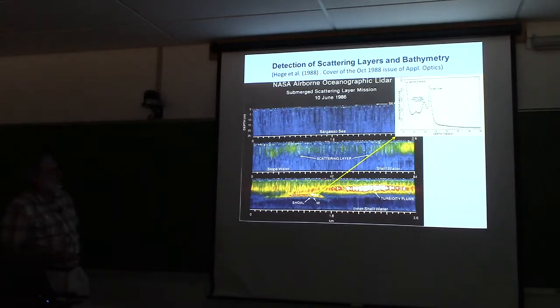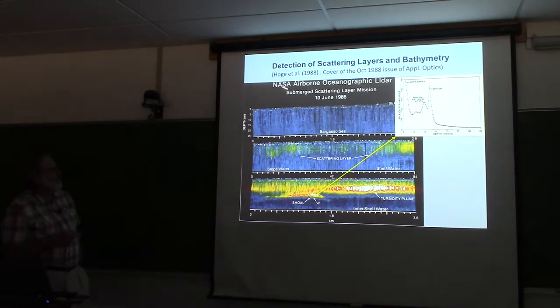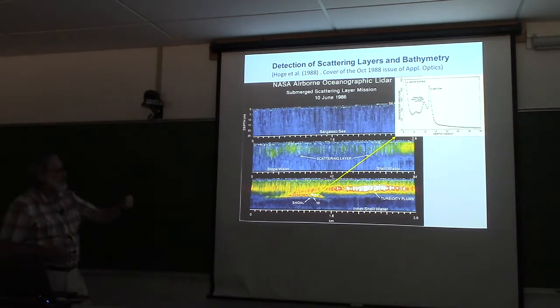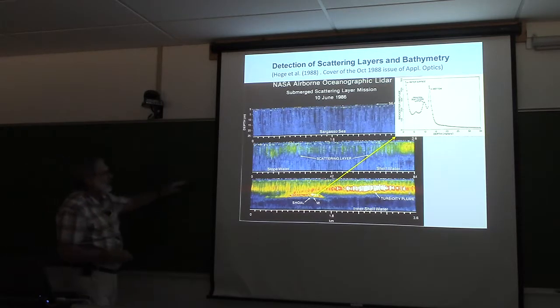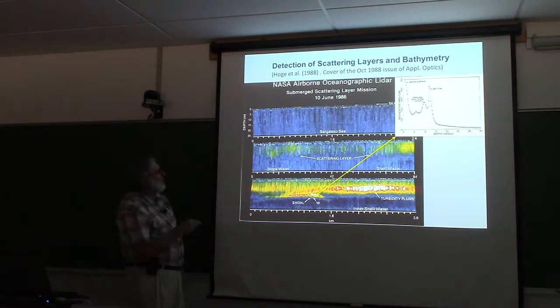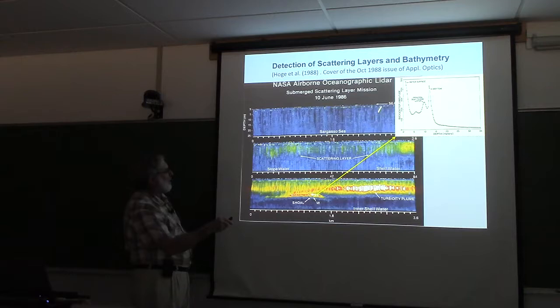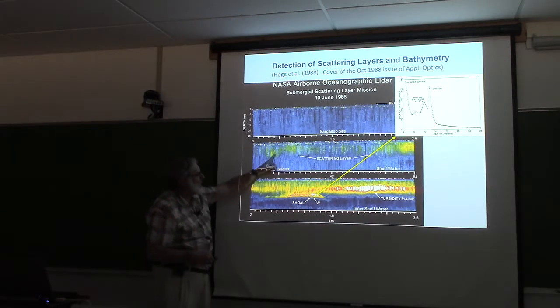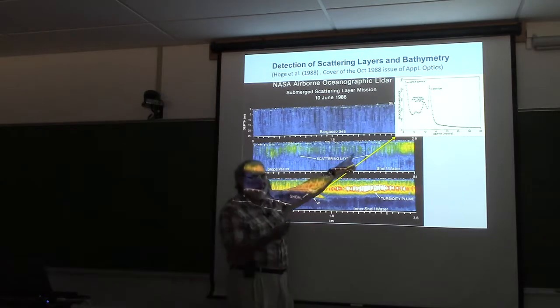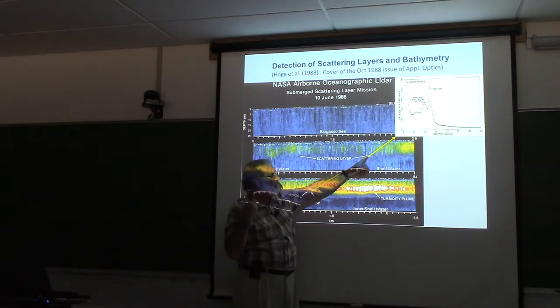Okay, here's a cover of Applied Optics back in '88 by Frank Hoge and company. They flew an airborne LIDAR system, starting in Virginia and flying offshore out towards the Sargasso Sea. Actually, they're going from the Sargasso back to Virginia. They're going along, there's nothing much to see, and then they start picking up this internal scattering layer as they get towards the coast of Virginia.